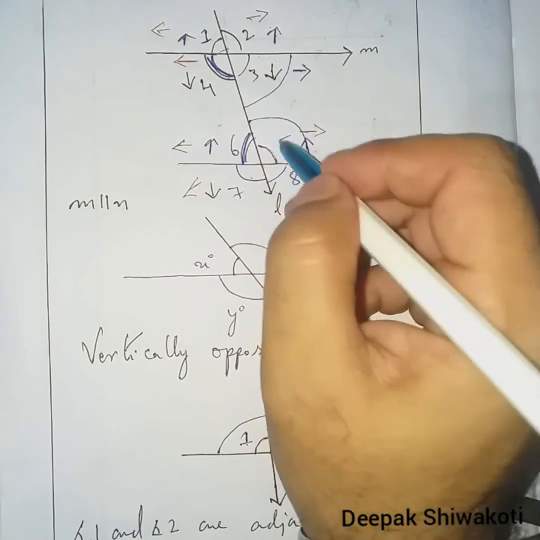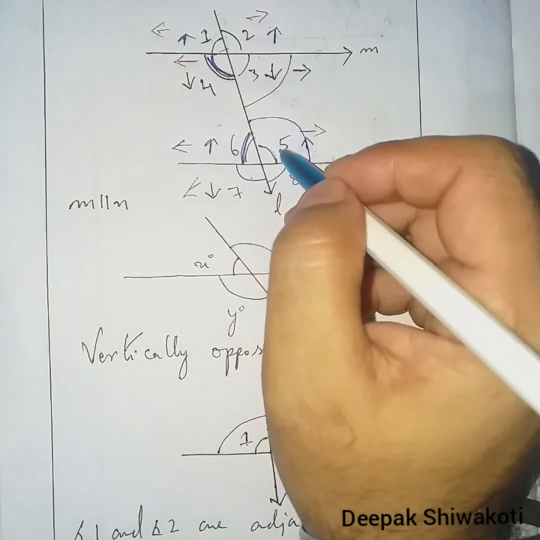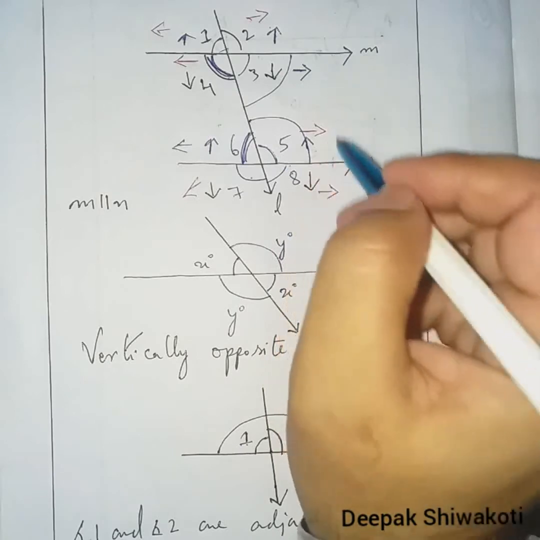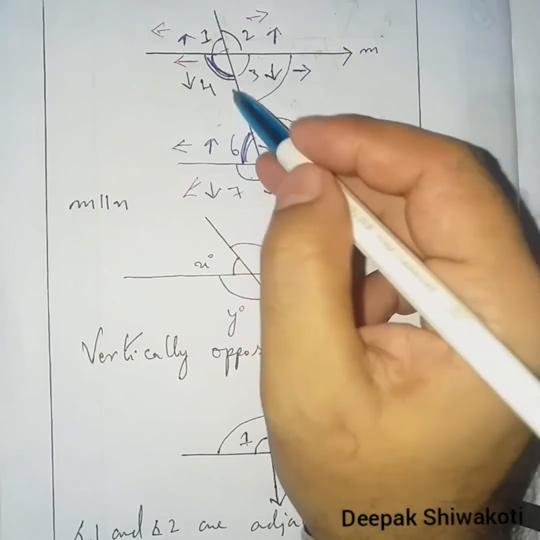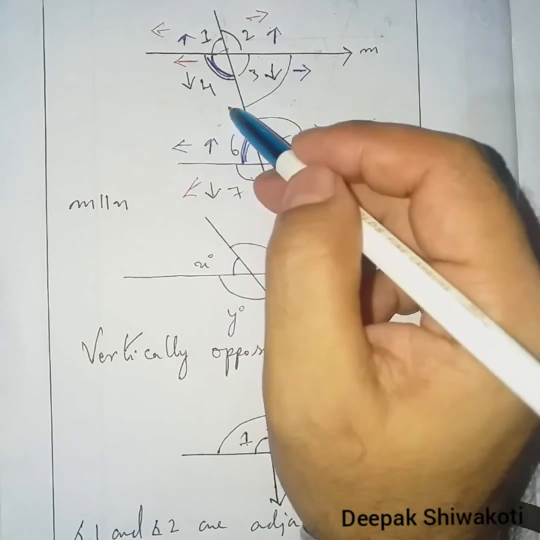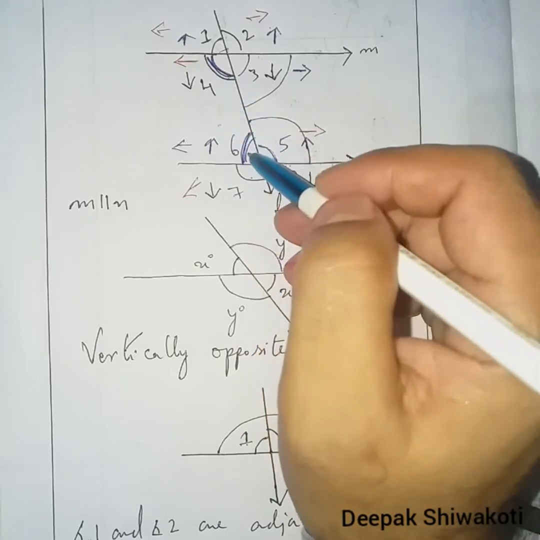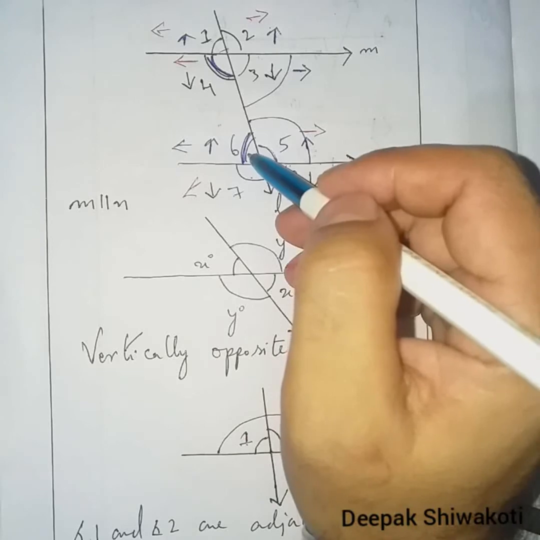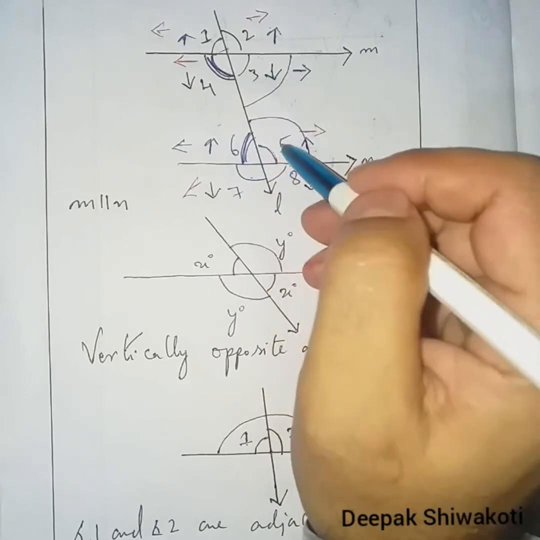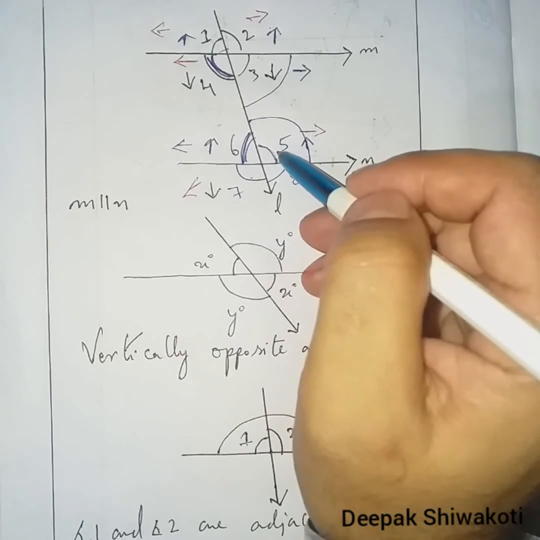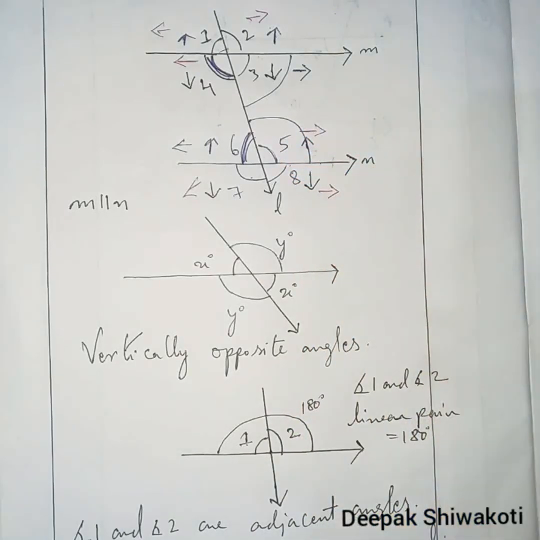The sum of these two will also be 180 degrees for parallel lines. So angle 4 and angle 6, this pair is co-interior angles and the sum is equal to 180 degrees. Similarly on this side, angle 3 and angle 5 are co-interior angles. So in case of parallel lines, they are equal to 180 degrees.